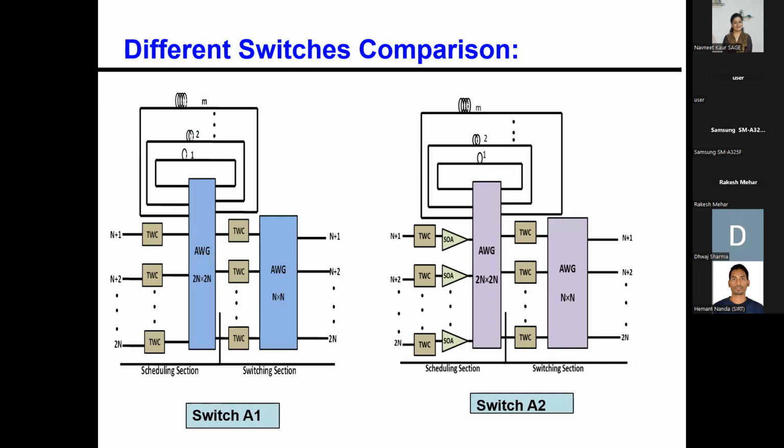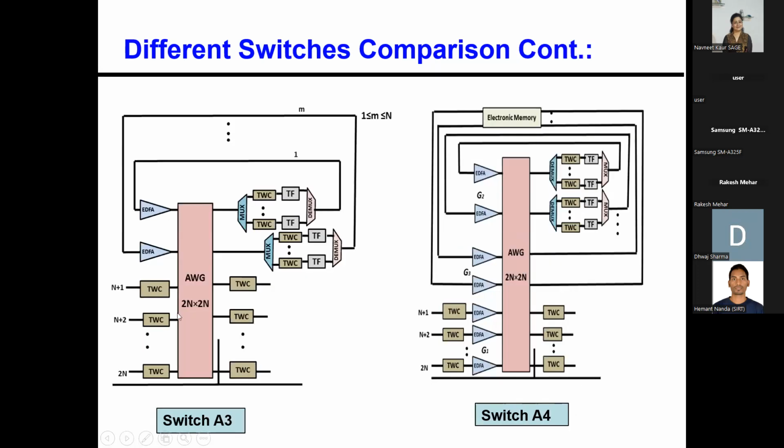Here the main problem is contention. So for contention resolution, we use fiber delay lines. As you can see in the switches, there are fiber delay lines 1, 2, and M turns. This is the recirculating type, and in the next switches, this is simple.